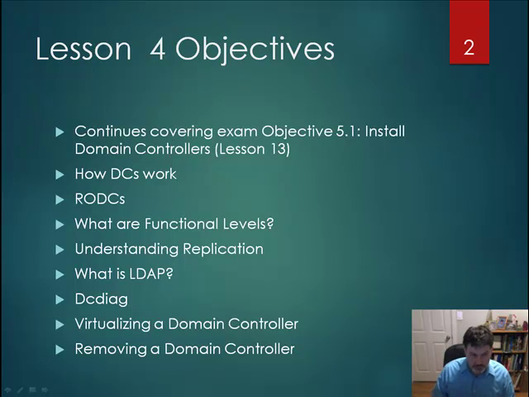We'll scratch the surface and give you a description of what LDAP is. And before we talk about it later on in the series, we'll talk a little bit about DNS being as important as it is for domains. We ought to introduce you to DCDiag, the command line utility that we can run to give us a cursory update and summary of a test of how DNS is implemented on the network.